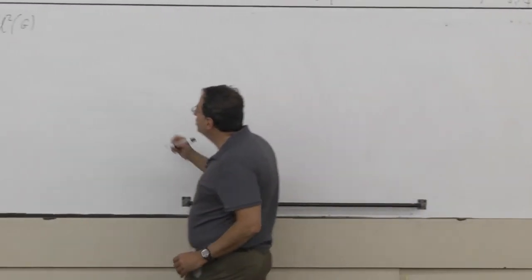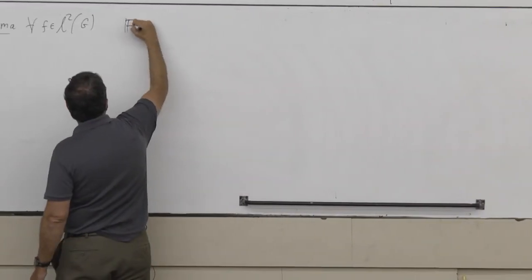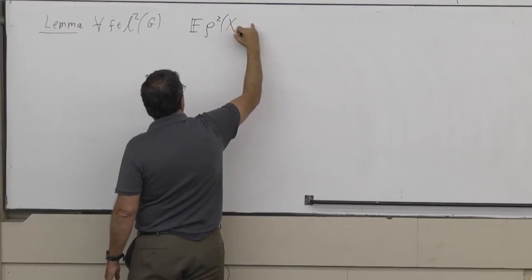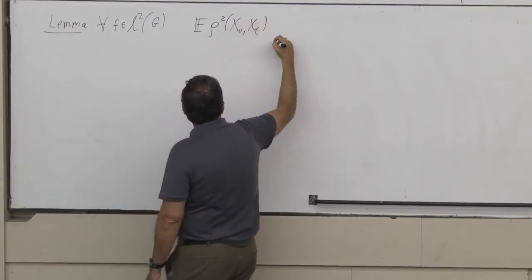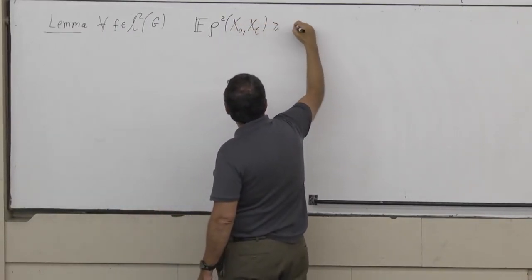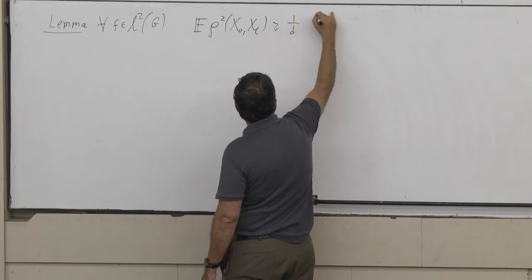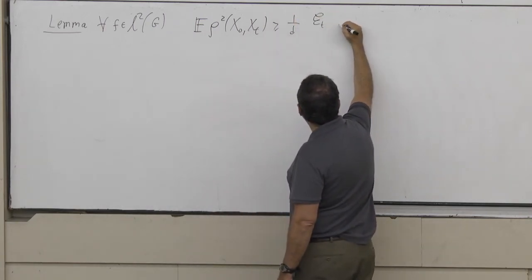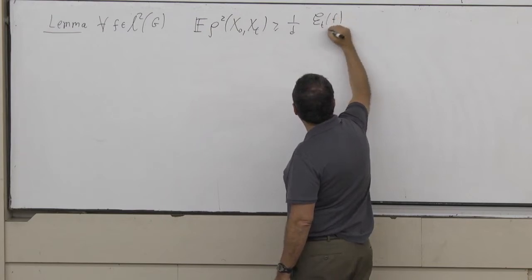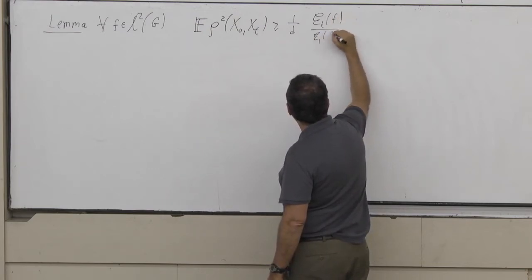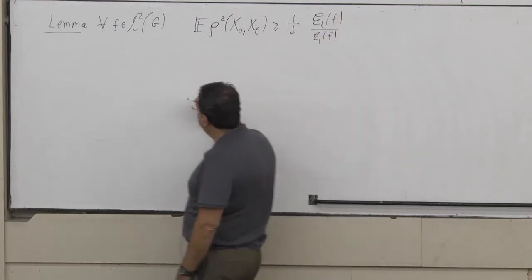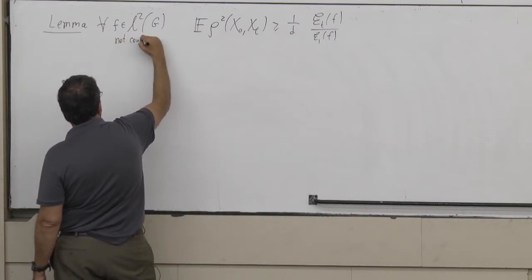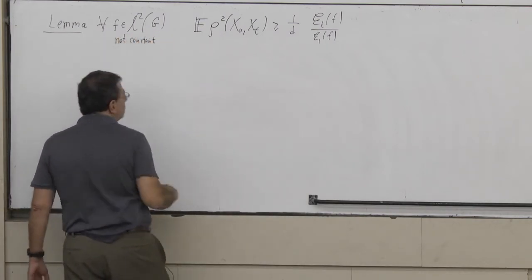And for any function like that, the claim is that the expected distance squared between x0 and xt is going to be at least 1 over d times the Dirichlet form Et of f over E1 of f. So let's take f which is not a constant function.